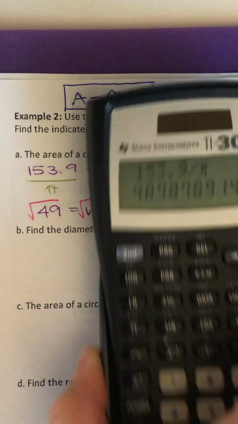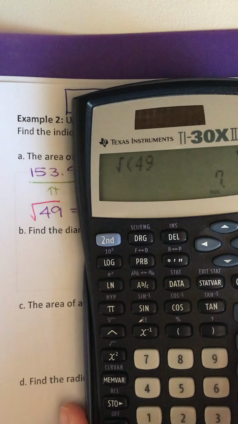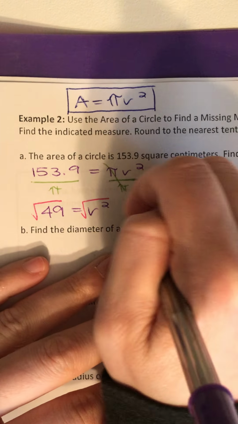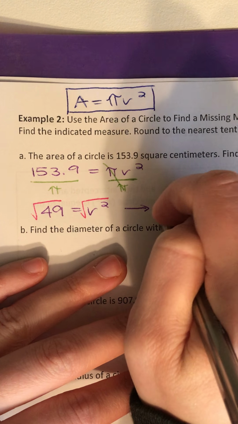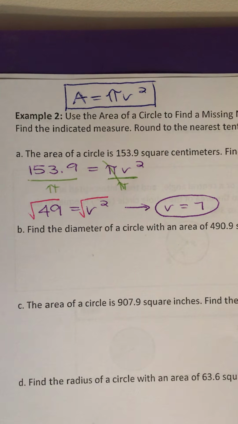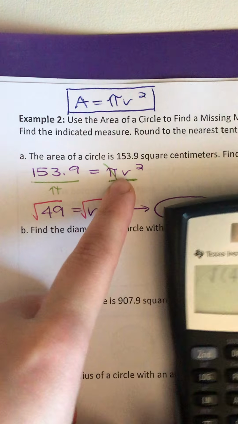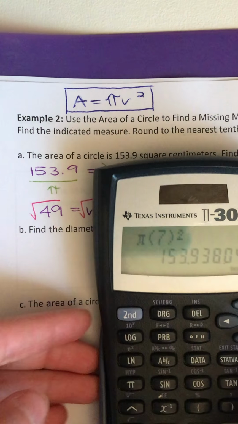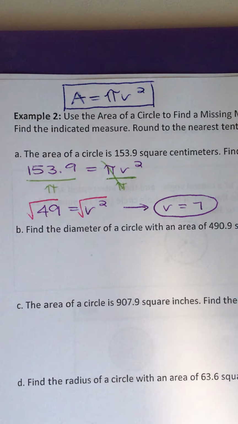You might know the square root of 49, but in case you don't, it's about 7. Which we can plug back in here. Pi 7 squared, and we get our answer, 153.9.